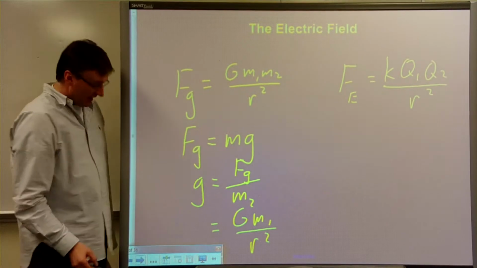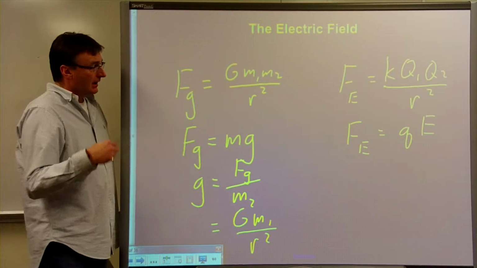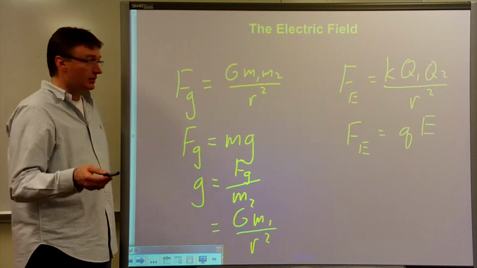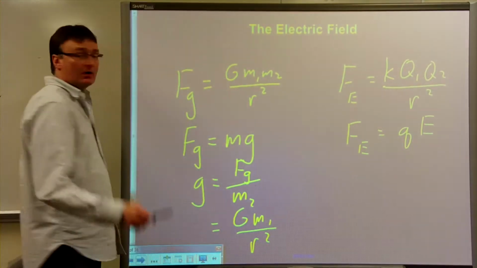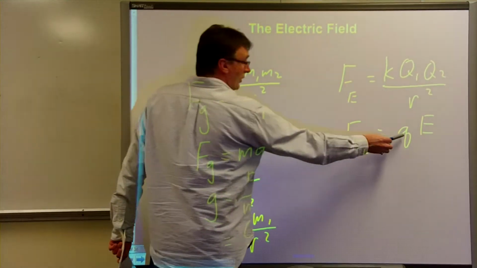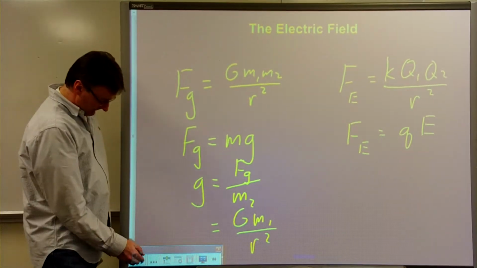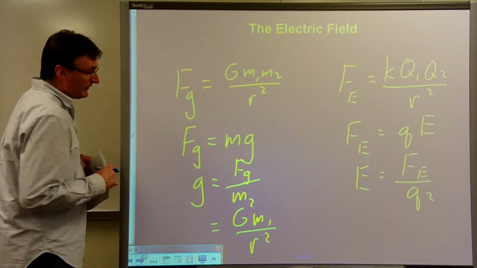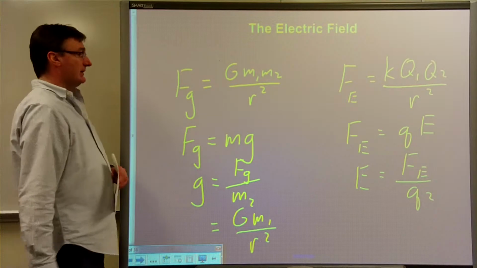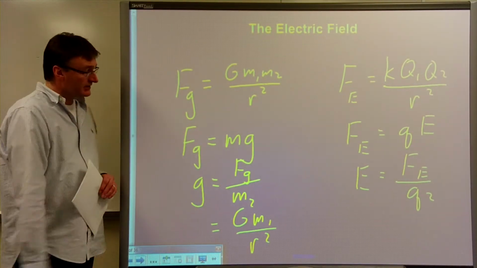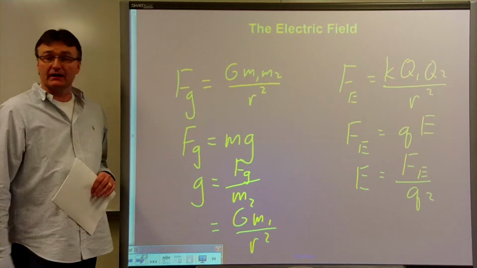So let's compare that with electric field. Electric force is determined by the charge within the electric field. We also sometimes use a lowercase q instead of an uppercase Q. If we rearrange this equation like we did with this one here, the electric field is the electric force divided by the charge that's within that electric field.